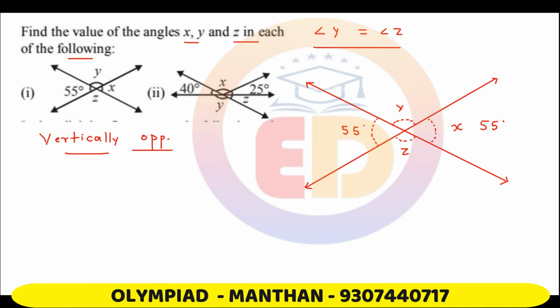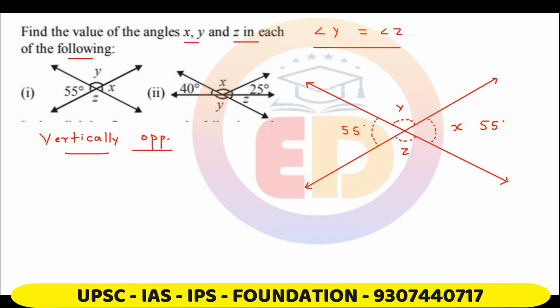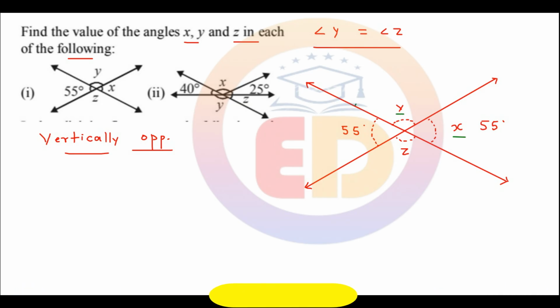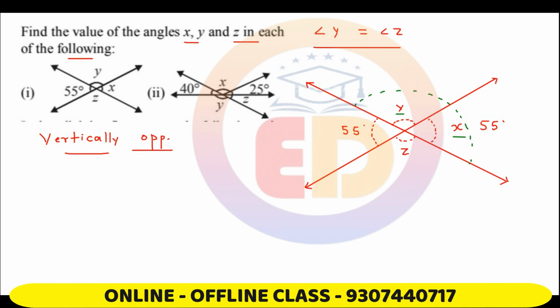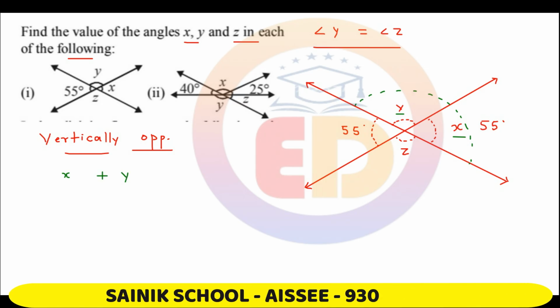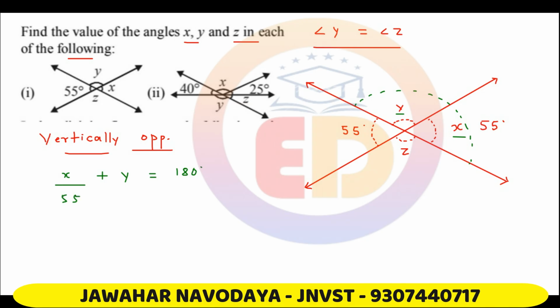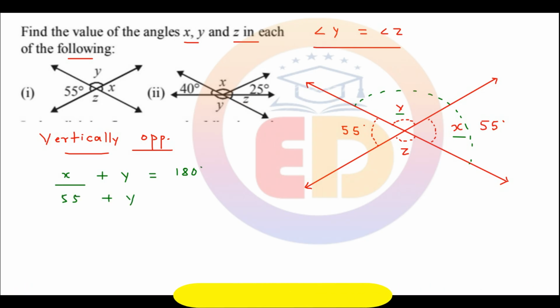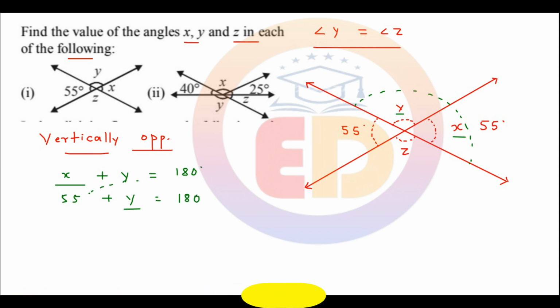For finding either angle Y or angle Z, you look at this, this is angle X and this is angle Y, and they both are on a straight line. So the complete sum of angle X and angle Y should be 180 degrees. And if angle X plus angle Y is 180 degrees, we have the value of angle X as 55. So 55 plus angle Y should be 180. To find out the value of angle Y, take 55 from left to right, it will be subtracted.